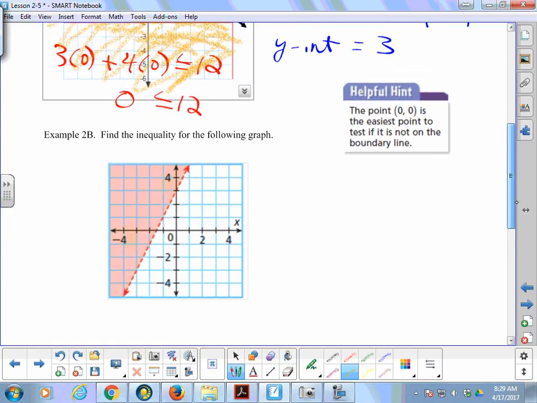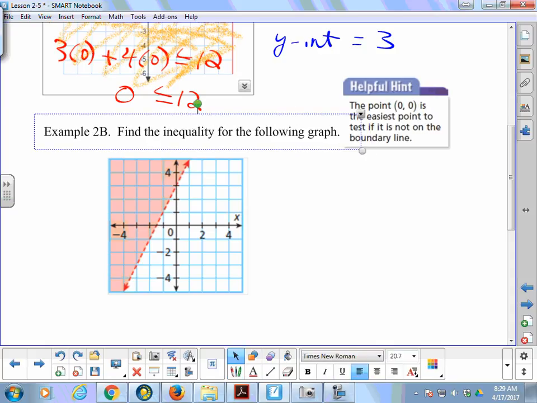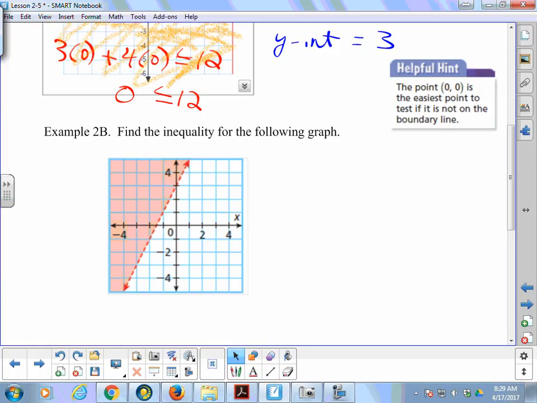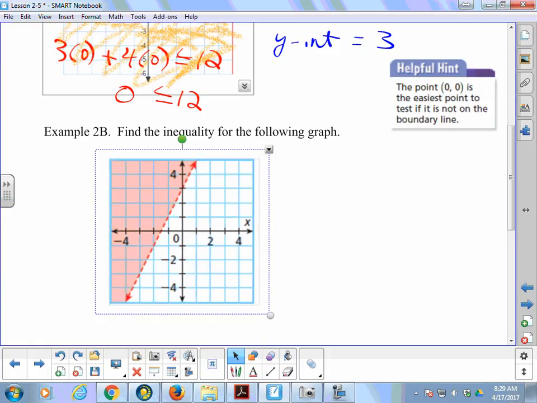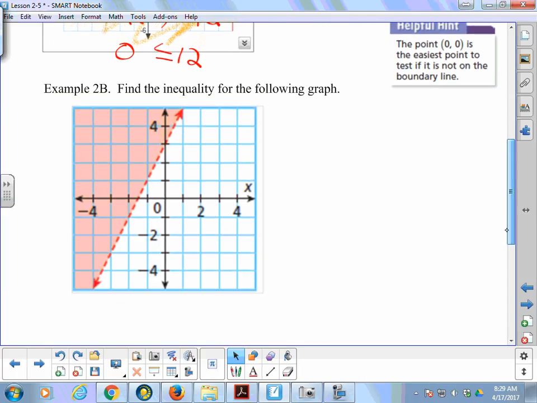All right. Letter B, we're going to find the inequality. They gave us a graph, and we're going to find the equation of that line, or find the inequality.